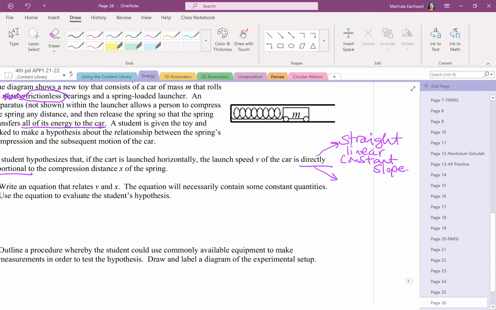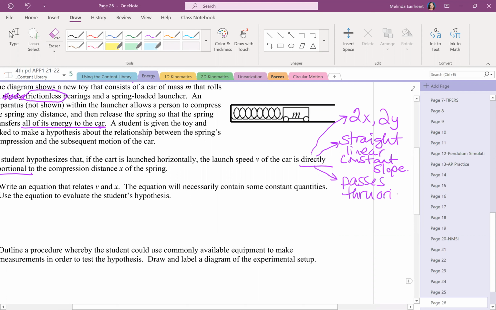Now that wasn't the second thing I was going for, so maybe we had a third. And so if you double the x variable, then you double the y variable. Okay, so that's a true statement. The other thing, it passes through the origin. Okay. And so anytime you see directly proportional, this is what it should mean.